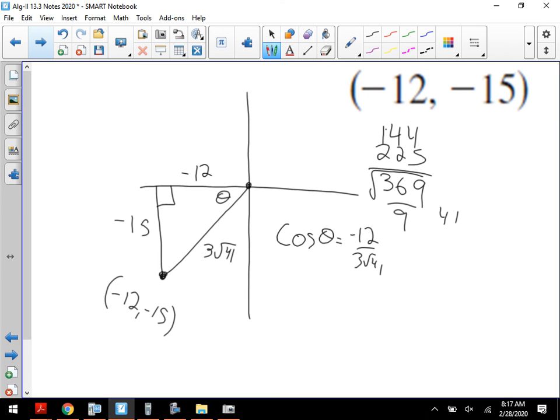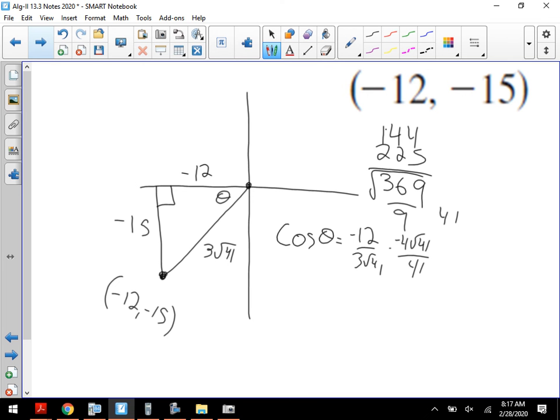You should be able to do that. What's 41 times 41? Wouldn't it just be negative 4 root 41 all over 41? There we go. That's what that is. Okay.